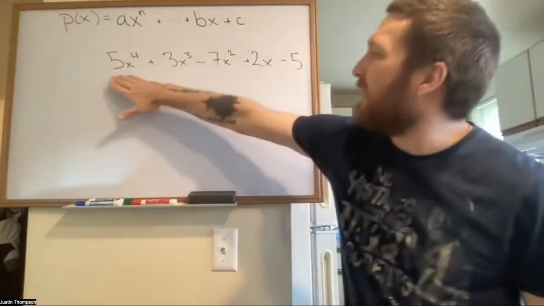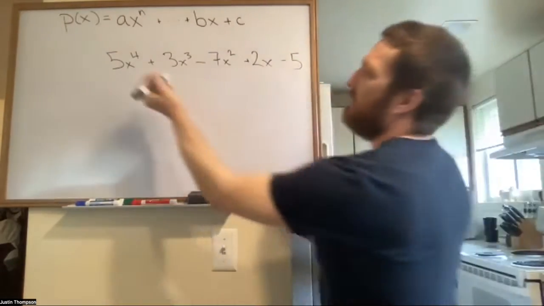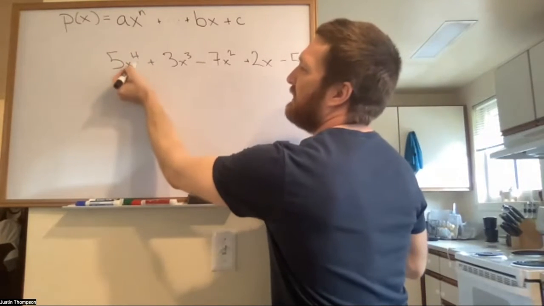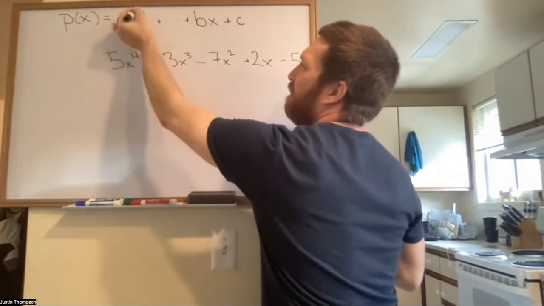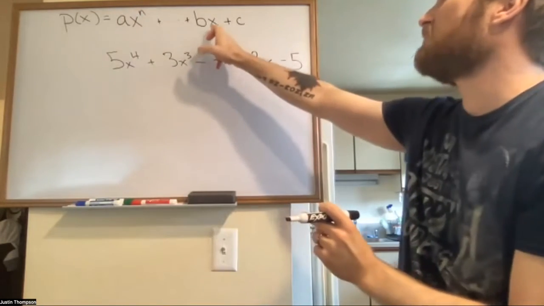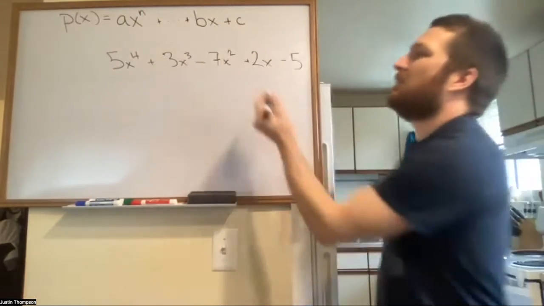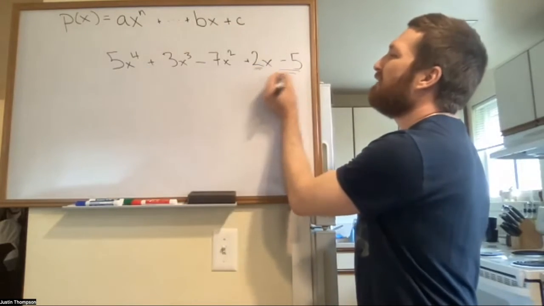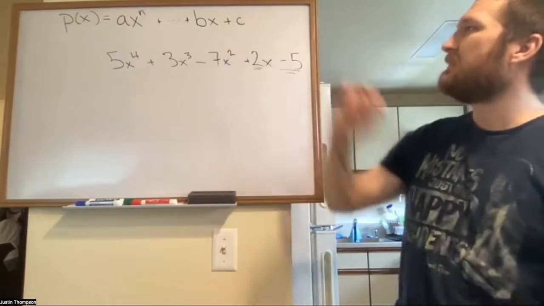We had something like that. We're saying, yes, the a is the 5 in this case. X to the n would be x to the fourth here. Then we have all those terms and blah, blah, blah. And then I'm just going to forget about it until the end where we have the 2 plays the role of the b and the negative 5 plays the role of the c right here.